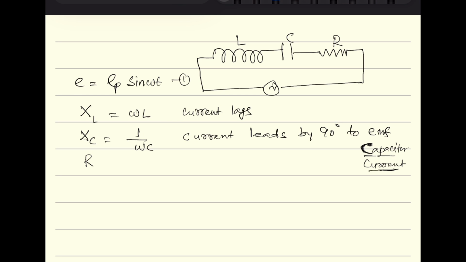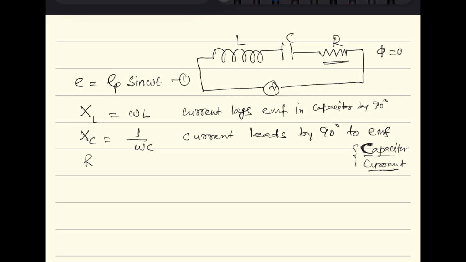Automatically, if you remember this, then in an inductance current lags EMF by 90 degree. And across the ohmic resistance, current and voltage are in phase. There is no phase difference between current and voltage when it passes through a resistance.